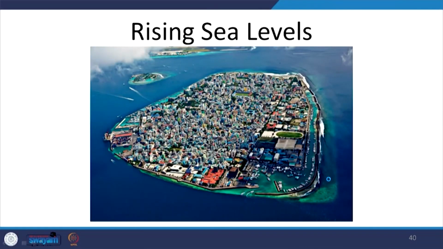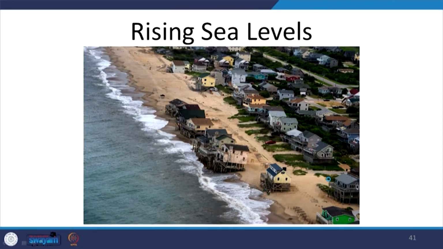This is the state, and if sea level increases by another 1 meter, several coastal areas across the world will be totally submerged. We can very clearly see how the lines are shifting. Houses which were right on the bank, right on the shore of the sea, have all shifted back, and this shifting will continue.